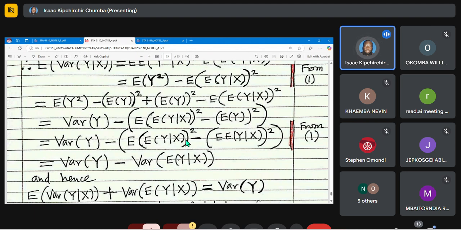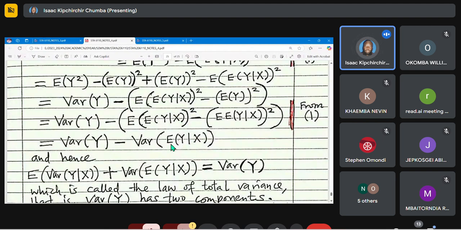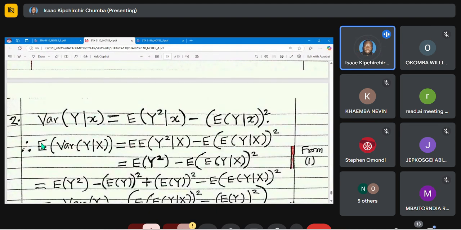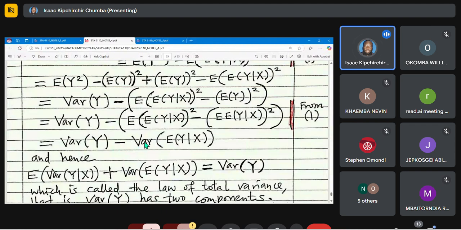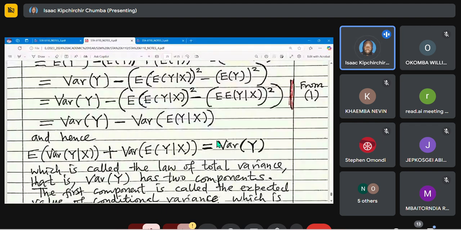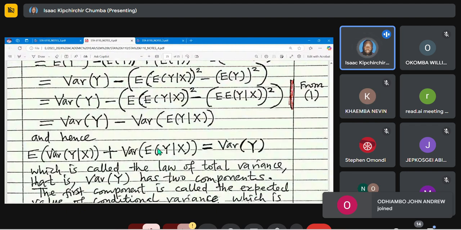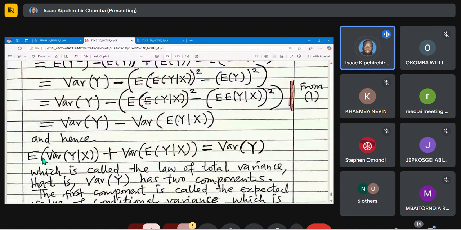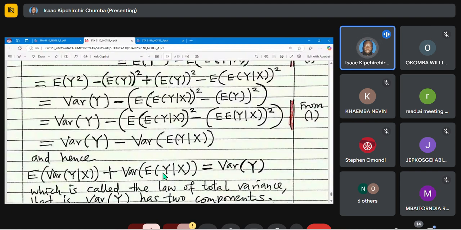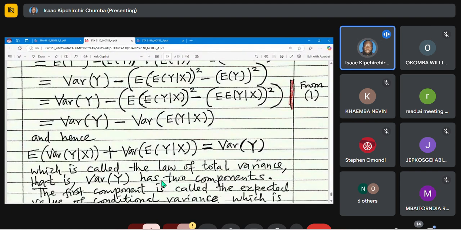So the random variable in question, whose variance we are finding, is expected of Y given X. So that is a formula for Var of expected of Y given X. So we have actually shown that expected of Var of Y given X is equal to Var of Y minus Var of expected of Y given X, giving us the result. If you take it to the left-hand side, it would now give us expected of Var of Y given X plus Var of expected of Y given X is equal to Var of Y, property number 2.